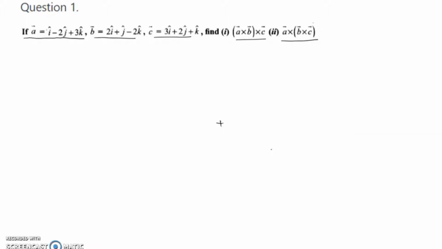Now let's do a second problem. Here you're asked to find vector A cross product with B cross C within bracket.